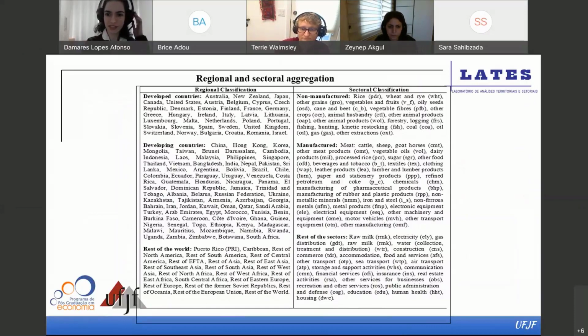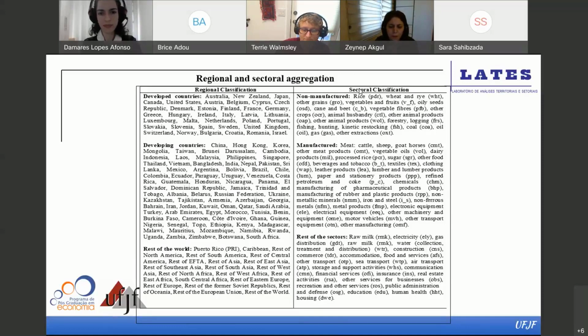And the rest of the sectors were mostly services. Developed and developing countries we classified according to a criteria, and the rest of the world were mostly aggregated regions of the GTAP model.